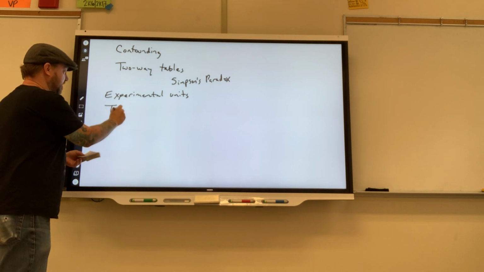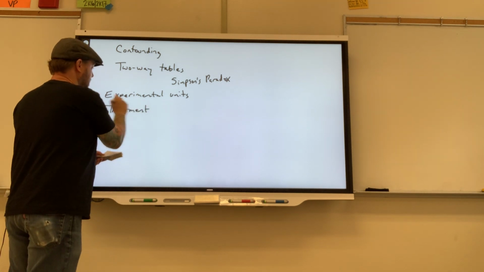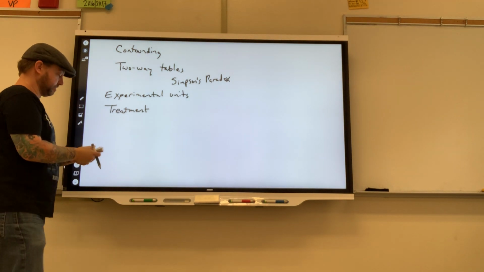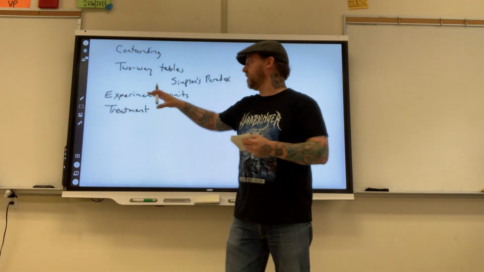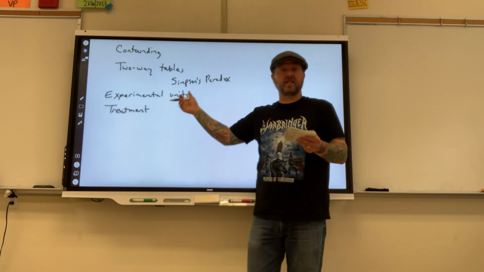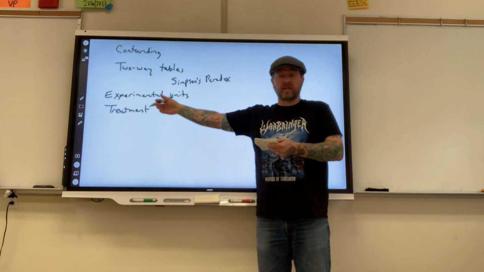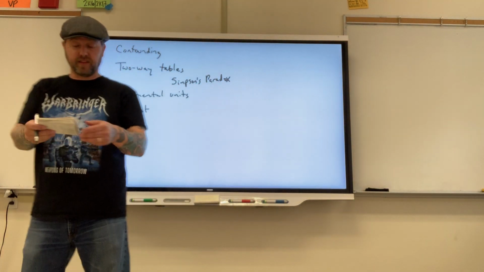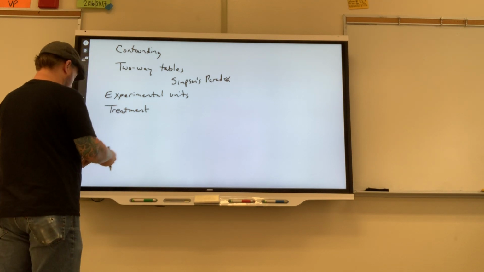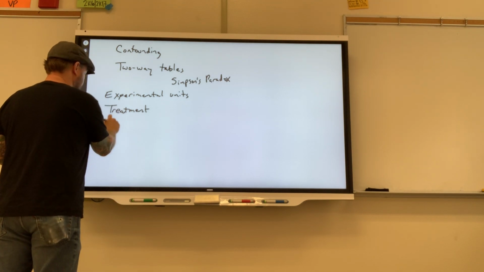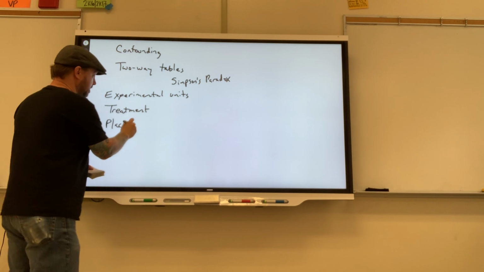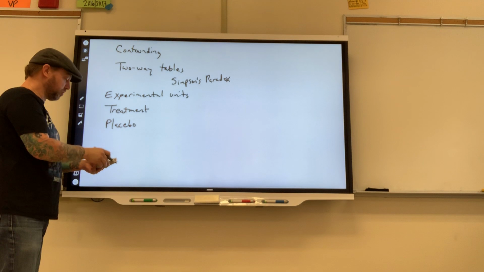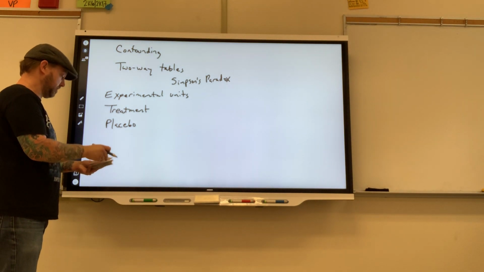The treatment was the specific condition applied to the units. So, right, if we're testing a new drug to see if something helps, the drug is the treatment, the amount is the level. Okay. Placebo is no active ingredient. The placebo group is also called the control group.